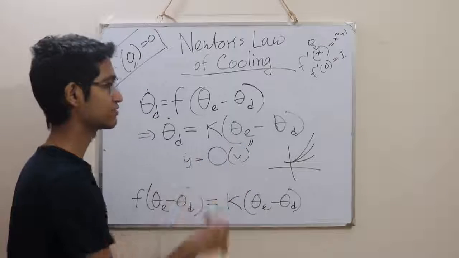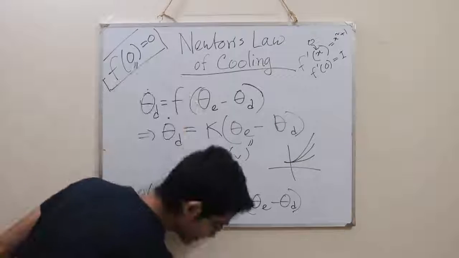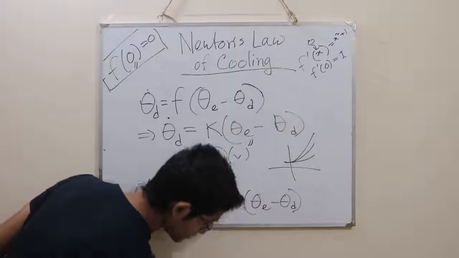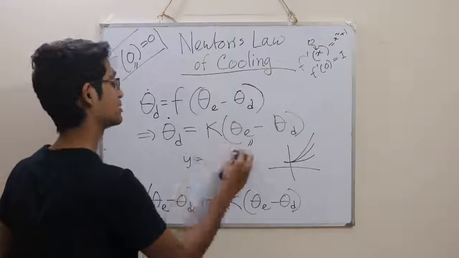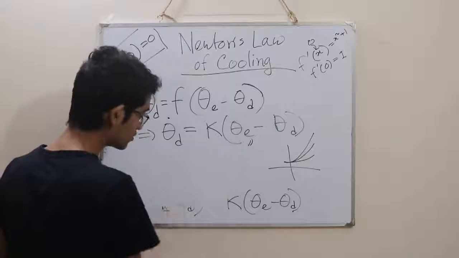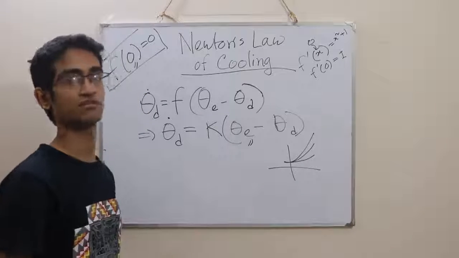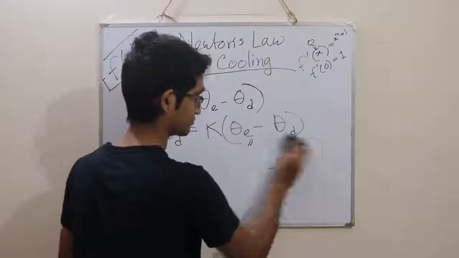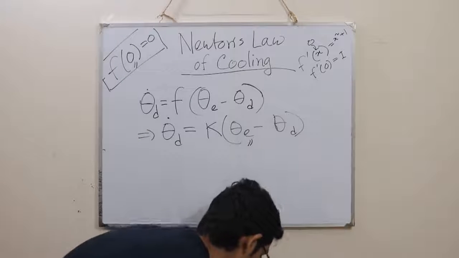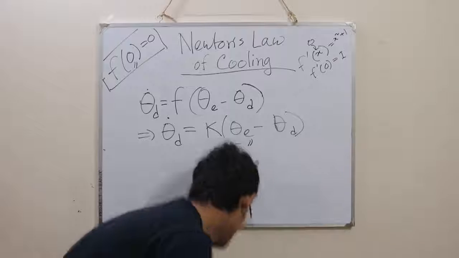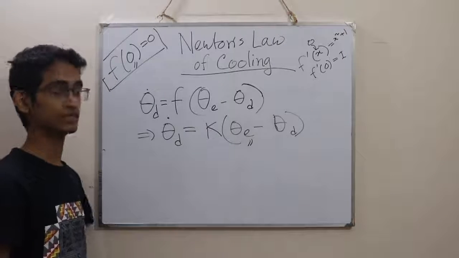This is what this equation is conceptually similar to. So maybe we don't yet know how to solve it, but we can say from our conceptual understanding that even though we don't know the solution, somehow the solution will be an exponential solution. So this is called Newton's law of cooling.